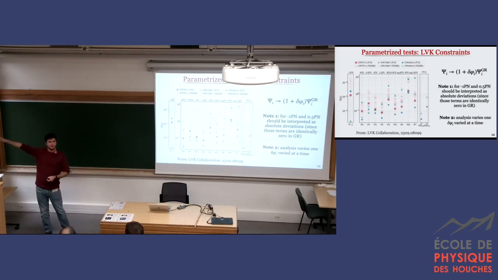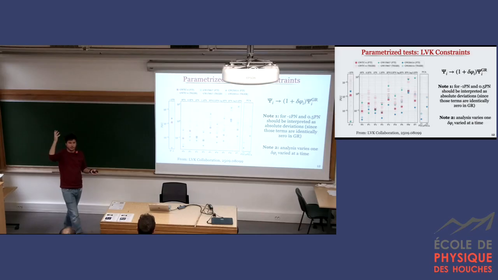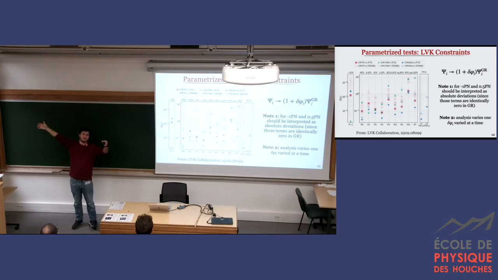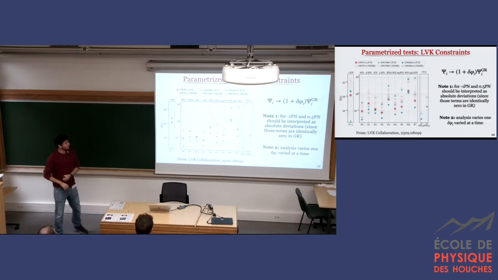That the -1 PN is more important in the early inspiral, and the binary neutron star, because it's roughly two solar masses in total mass, you can see really the very early inspiral in the LVK band. So you can measure it very well because the dipolar term is more important in the early inspiral.